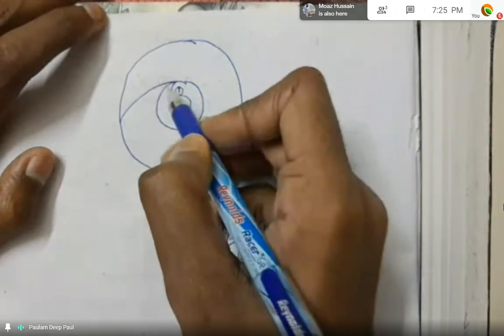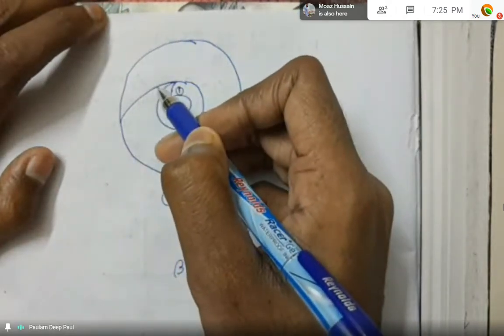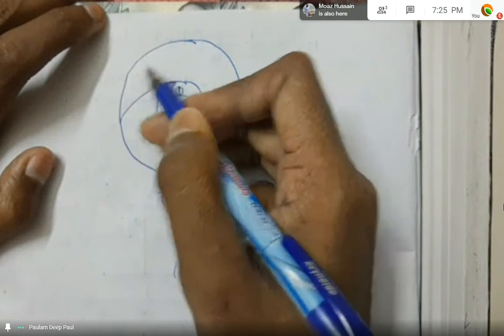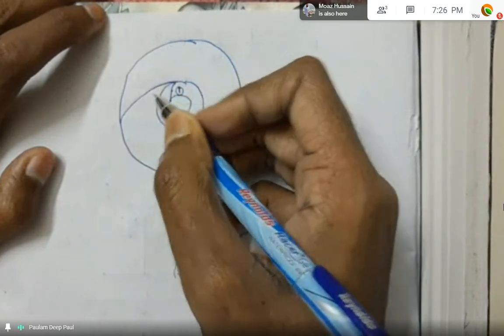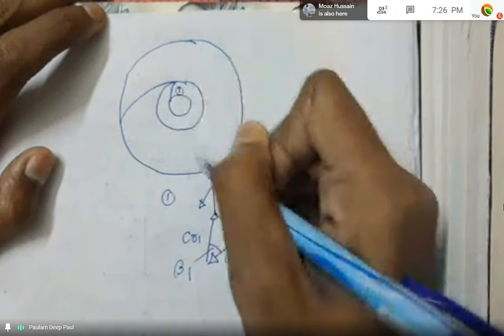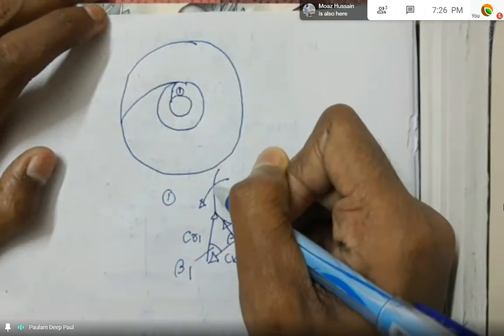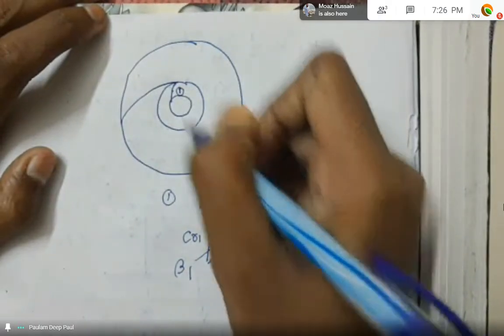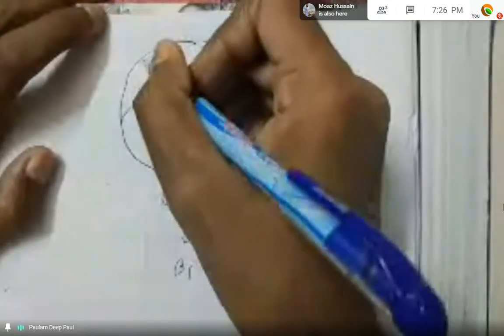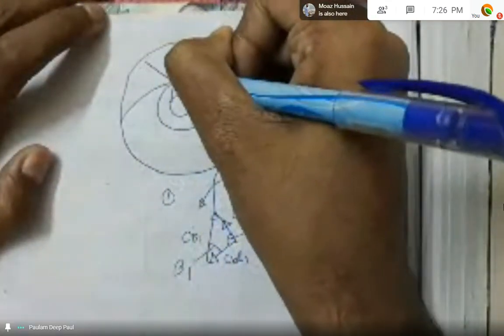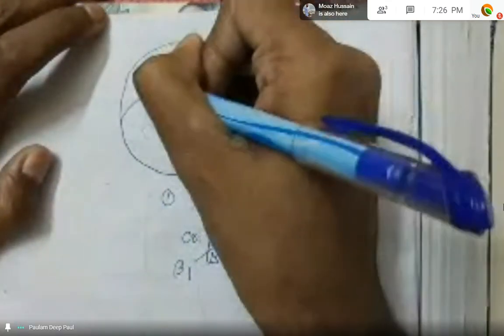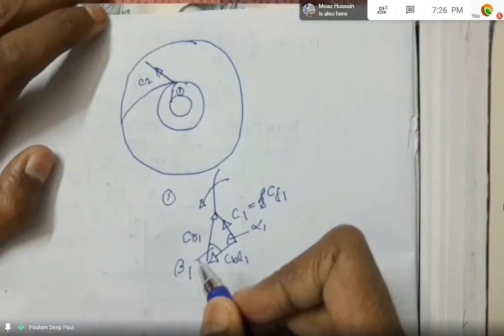Now, for the outlet of the centrifugal compressor, let us draw, since it is going in this direction and it's like this, so the velocity will be coming out in this way, that is C2.